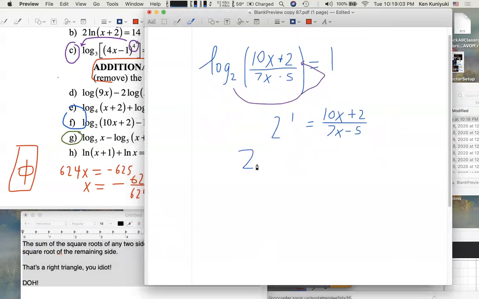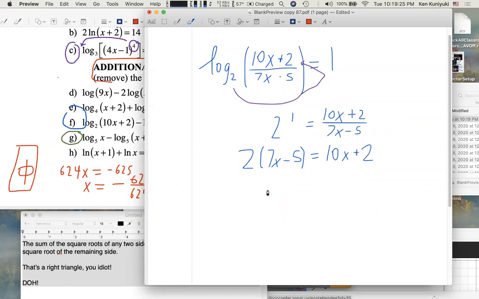I'm not going to do a separate step saying 2 to the first is 2. And then just like before, we're going to multiply by the denominator on both sides. You might want to keep these restrictions, though you're going to have a problem with that 0 anyway. So, equals that.